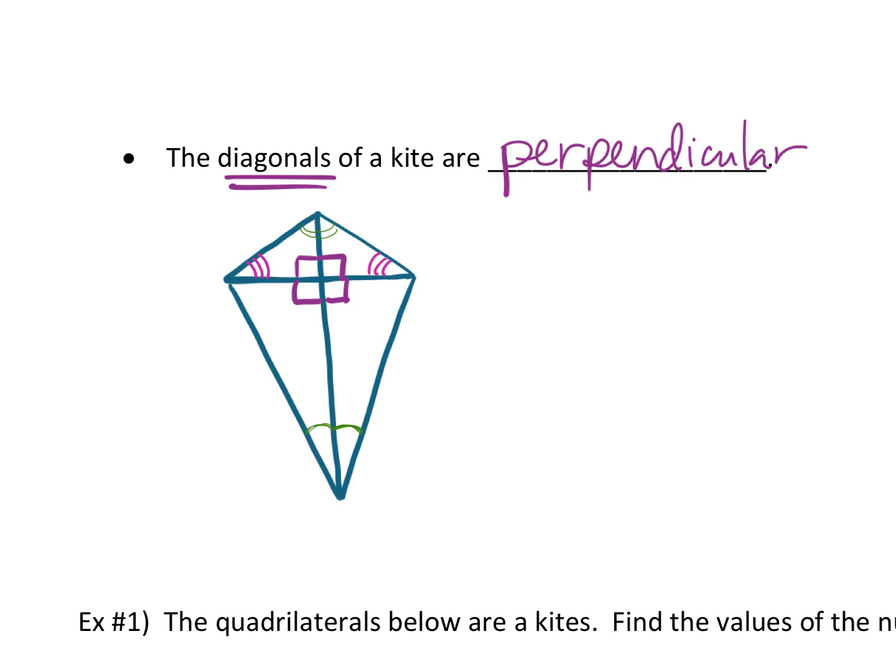These marked angles are congruent. Just notice the diagonal that goes between the two congruent sides. If these sides are congruent and those sides are congruent, the diagonal that cuts between those sides is the one that bisects the angles. The other one doesn't bisect angles, but you do have congruent angles across from each other.